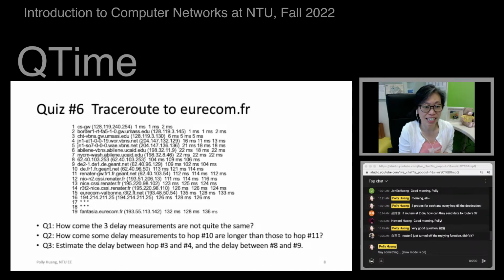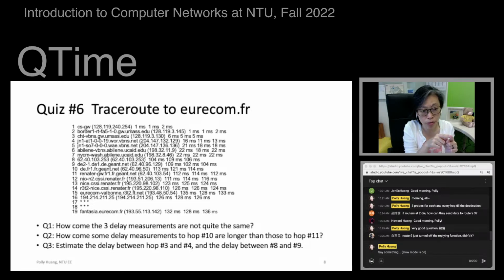Now, Q3 is a little bit more advanced. Given a measurement like this, can you estimate the delay between hop 3 and hop 4? If you, again, pay attention to the video, you see that traceroute is sending 1 probe, 2 probe, 3 probe for each of the hops along the way to the target. So there are 3 measurements at a time, and that delay is go and back.